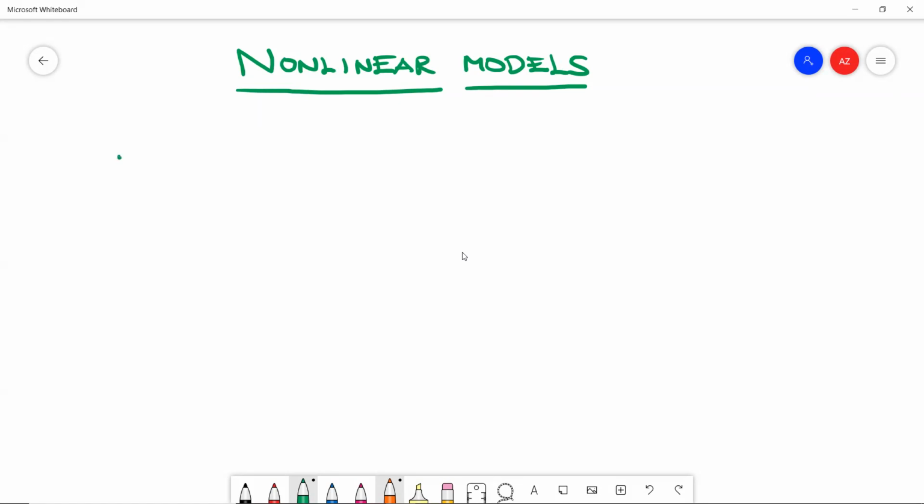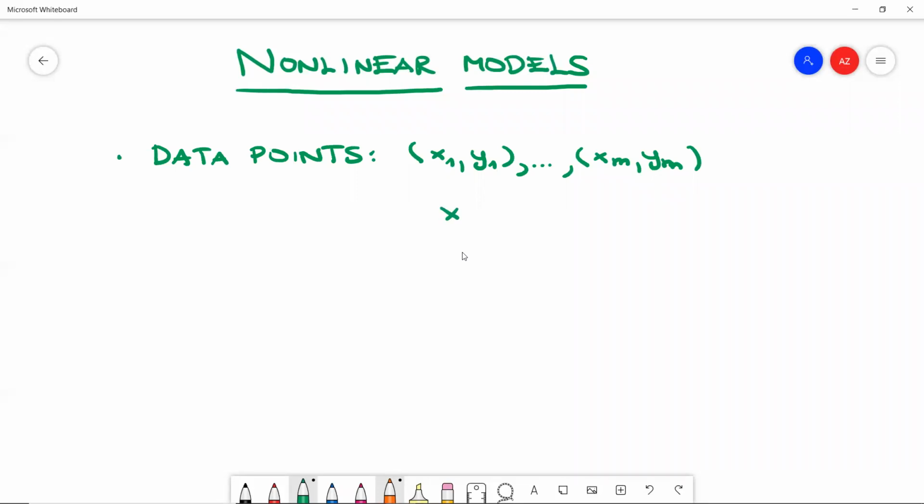We are given a sample of data points, x1, y1 up to xm, ym. Those x's are n-tuples of real numbers, and those y's are just values, so those are real numbers.